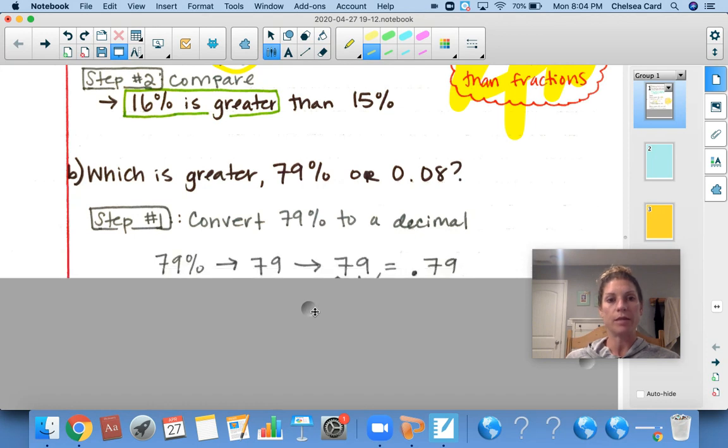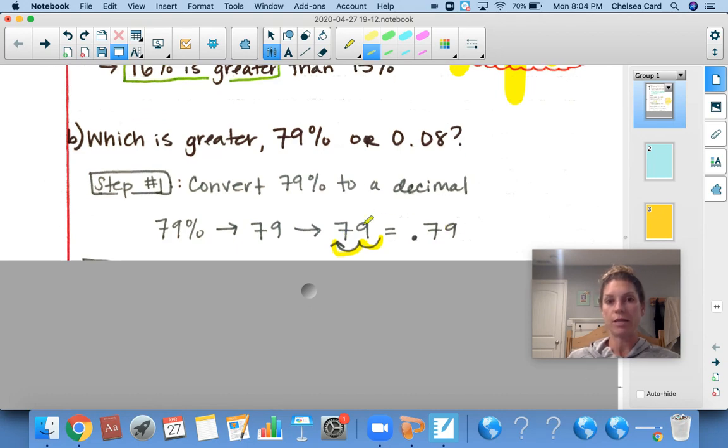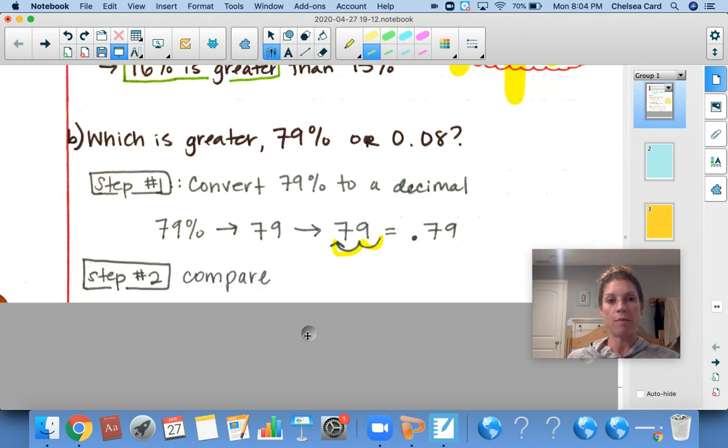So I'm going to take 79% and drop my percent sign here. So it just turns into 79. Now remember that with 79, the invisible decimal is to the right. So we have to move it over 2 places to the left, and we get 7900ths. Now, our second step, now that we've converted them both to decimals, is we can compare.